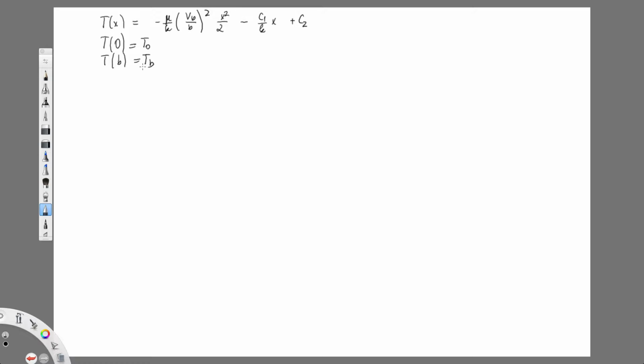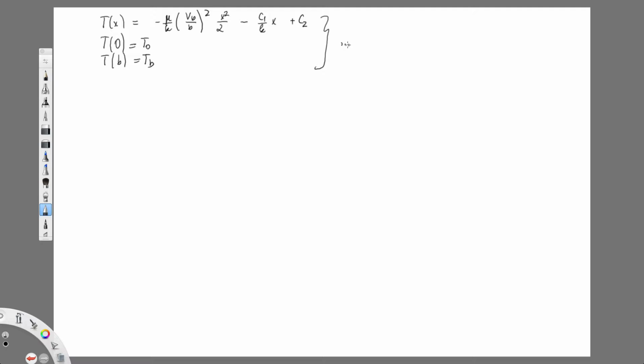So simple enough, this is a parabolic profile. I'm going to write a normalized solution to this. It's a straightforward thing to apply these boundary conditions.